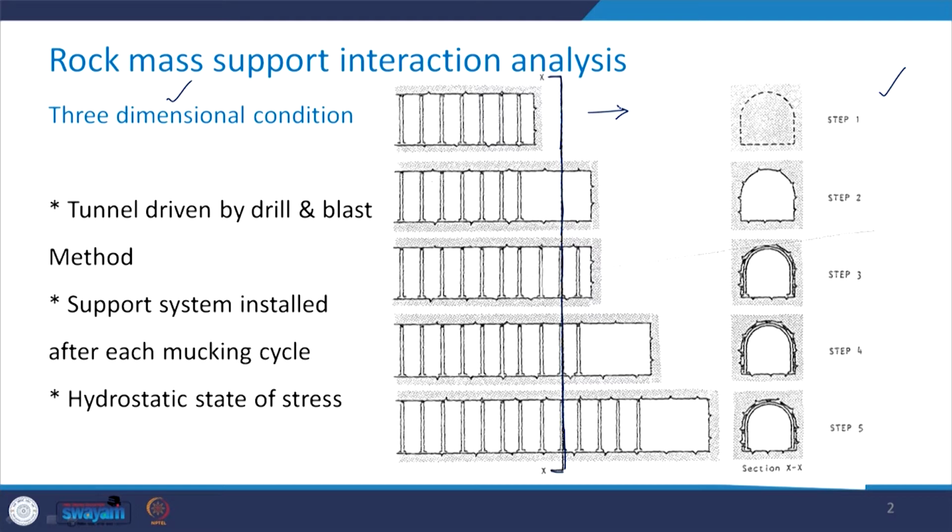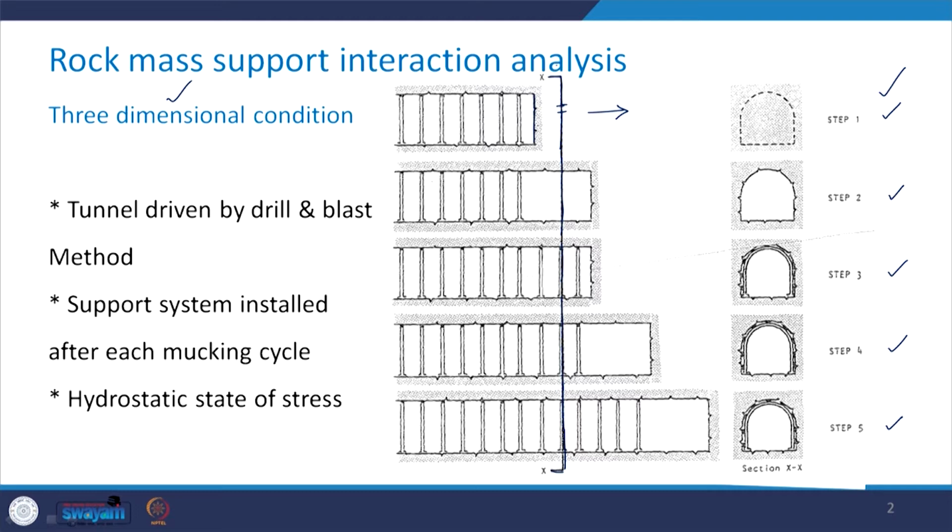So, there are various steps in the construction of the tunnel, such as step 1, step 2, step 3, 4 and 5. In step 1, the tunnel face, which is this, has not yet reached this section XX.